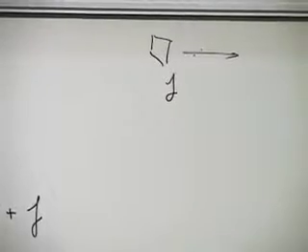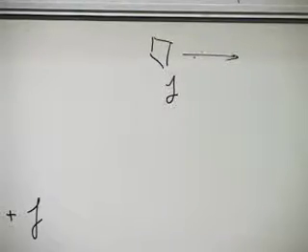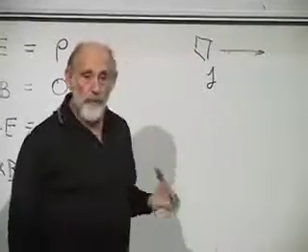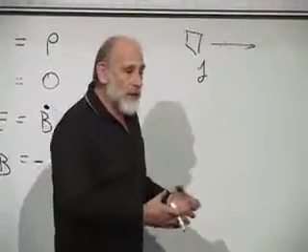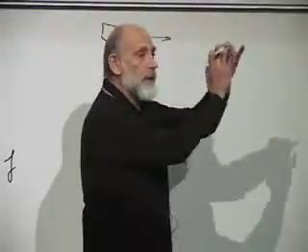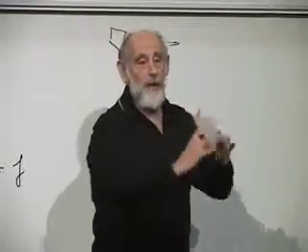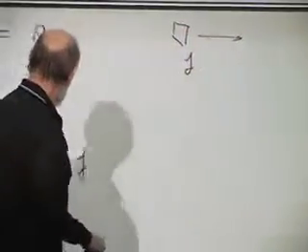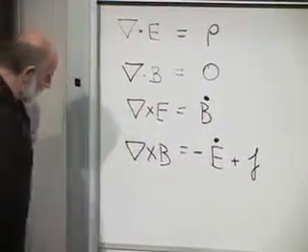And the reason it's a vector is because you can orient that little window in different directions and in that way sample the current going in different directions. All right, so that's J.